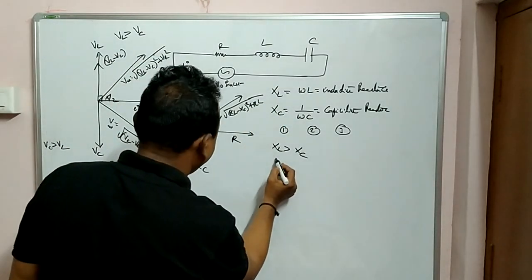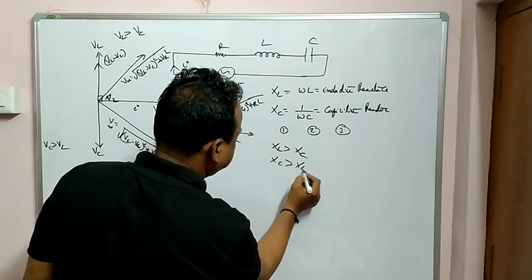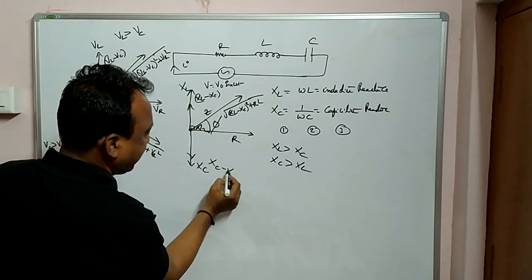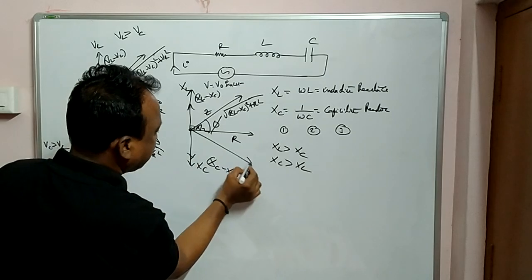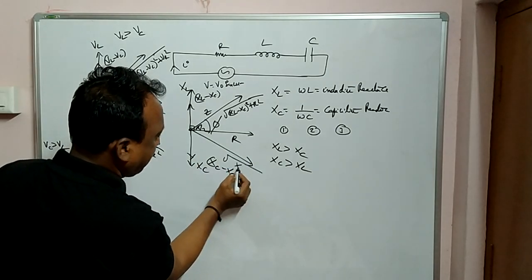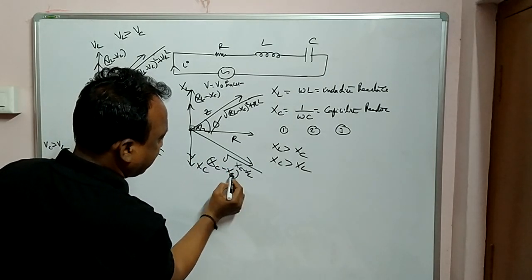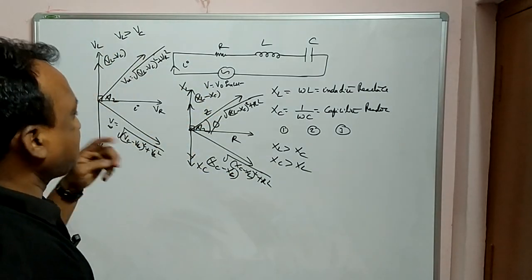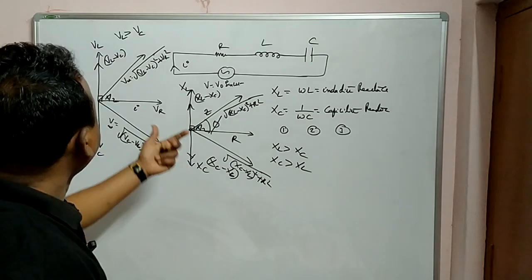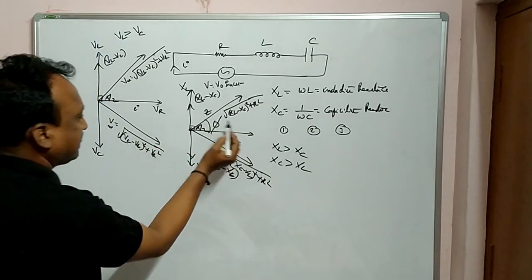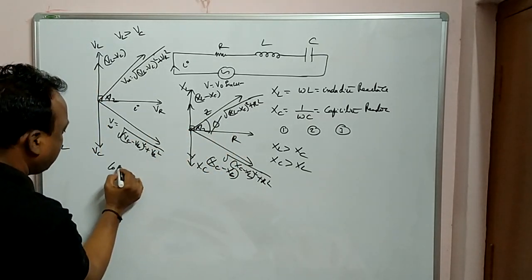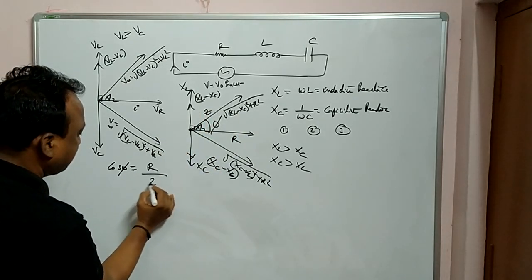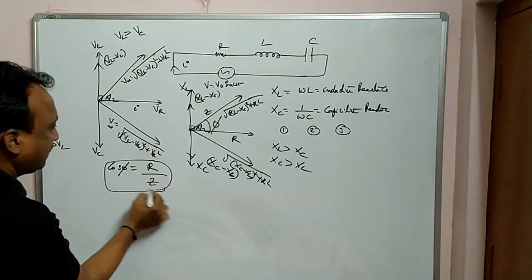In the same fashion, if XC is greater than XL, the resultant is XC minus XL, that is root over XC minus XL whole square plus R square. So different cases were observed. From here you can also find cos phi, which is adjacent by hypotenuse, that is R by Z. Very, very important formula.